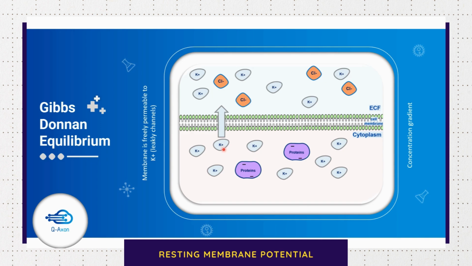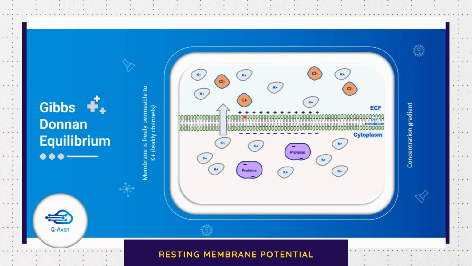So the ions will move from inside to outside, and because of this, the number of positive ions outside will increase. Initially we said the positivity is neutralized by the negativity, but because of the movement of potassium ions along their concentration gradient, now the positive charges will increase on the outside.